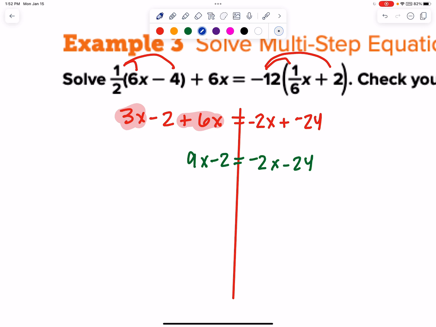Really, whatever you want to do here, it doesn't matter. I'll just go ahead and add 2 to both sides. Why not? No right answer. You could add 24 to both sides if you want. It all ends up being the same. All right, so let's see. We have 9x equals negative 2x. Different sign subtract. So I'm always thinking about that. 24, 23, 22.